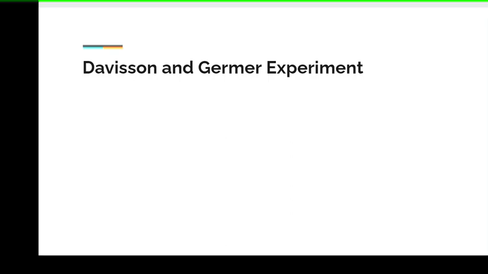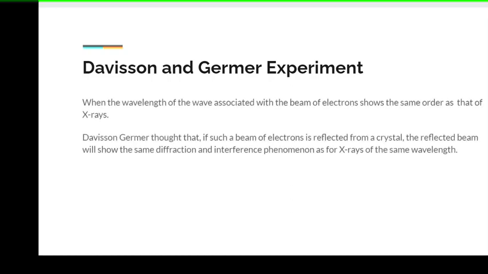Today we are going to see the Davisson and Germer experiment. When the wavelength of the wave associated with a beam of electrons is of the same order as that of X-rays, Davisson and Germer thought that if such a beam of electrons is reflected from a crystal, the reflected beam will show the same diffraction and interference phenomena as X-rays of the same wavelength.